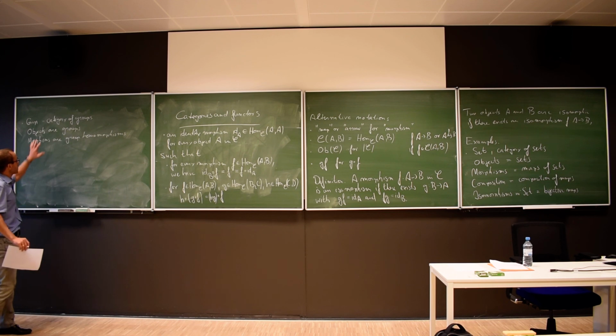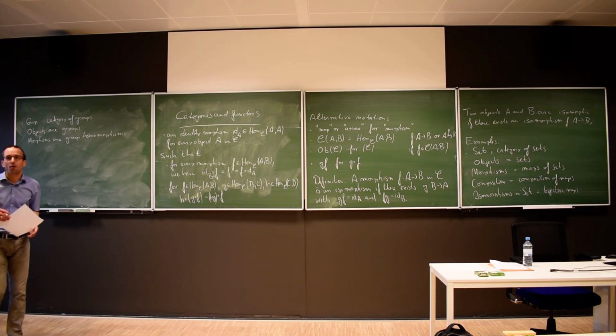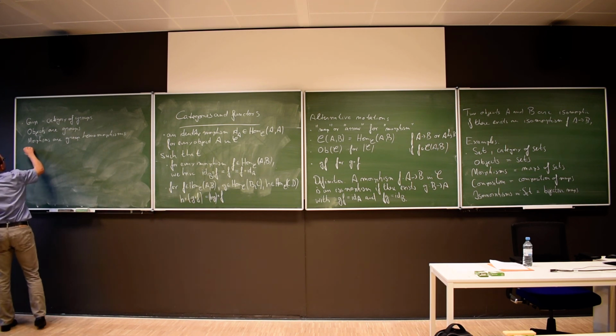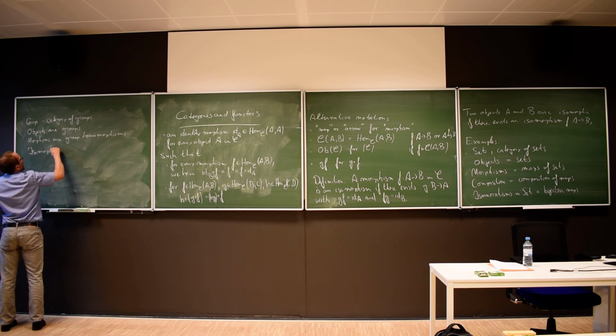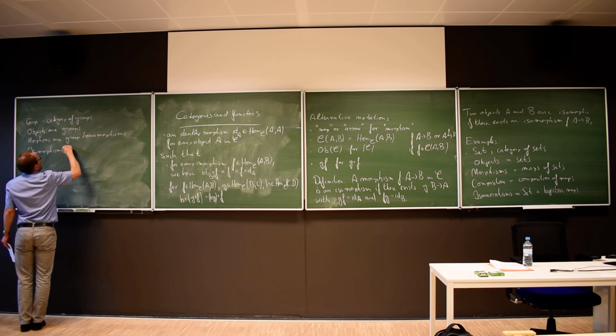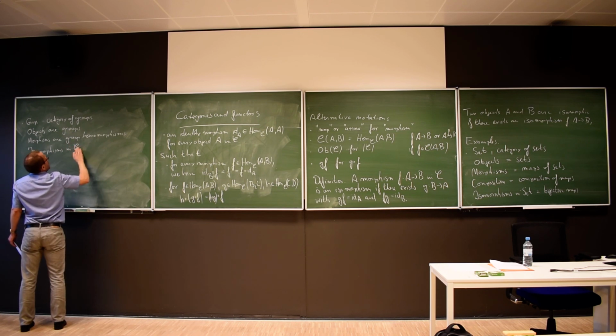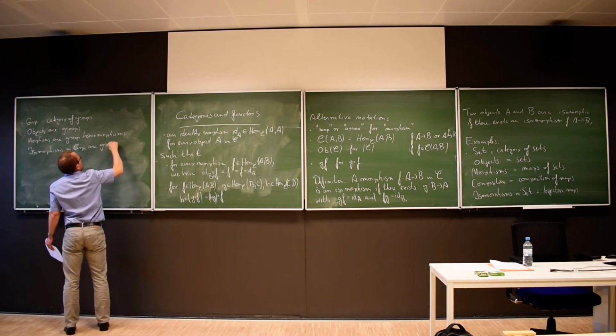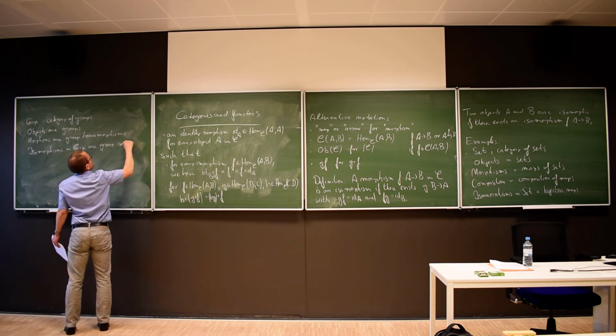And of course we also implicitly use that the identity map is a group homomorphism for very obvious reasons. So this fits into this general definition of a category, and the isomorphisms in this category GRP are just the group isomorphisms.